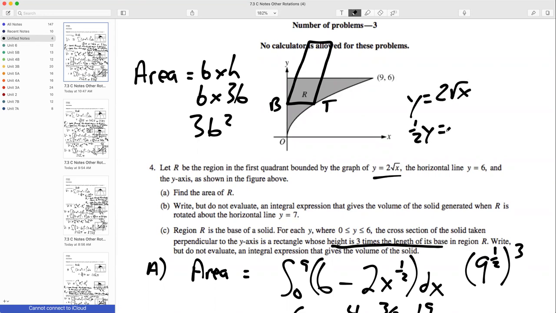So 1/2 y equals the square root of x. Don't make a careless mistake: square both sides, don't take the square root. So I've got x equals, excuse me, 1/4 y squared. So this 1/4 y squared minus 0 gives me my base. I'm going to take this value, substitute it in for b, and it is all over.